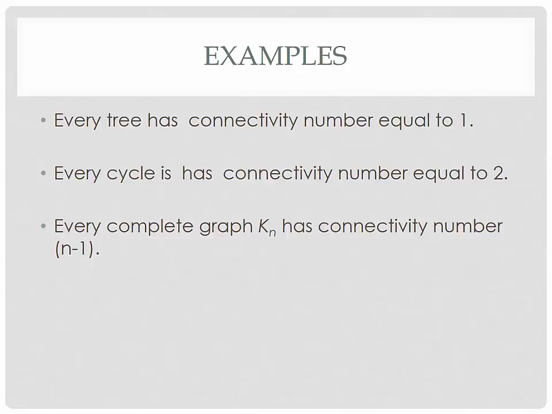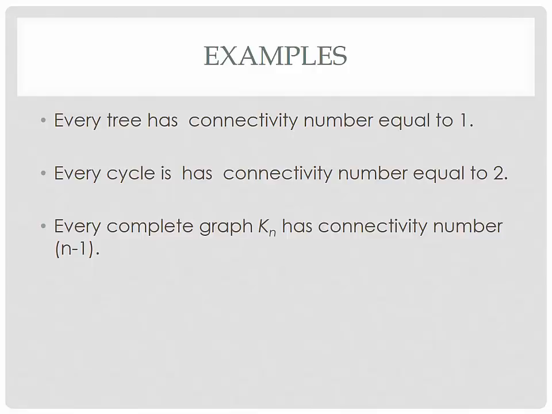The special case is for a complete graph. For a complete graph, no matter how large your node set is, what remains when you remove that node cut, or rather that set of nodes, the remaining graph is still connected.